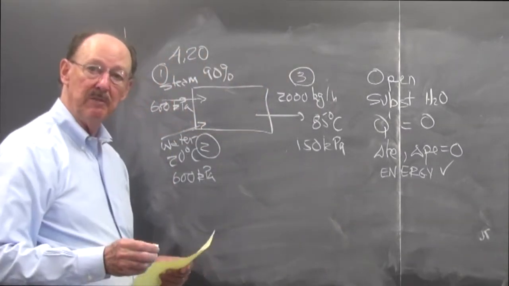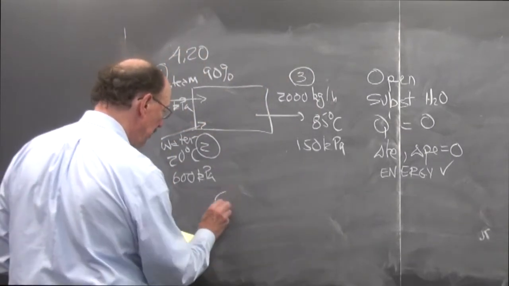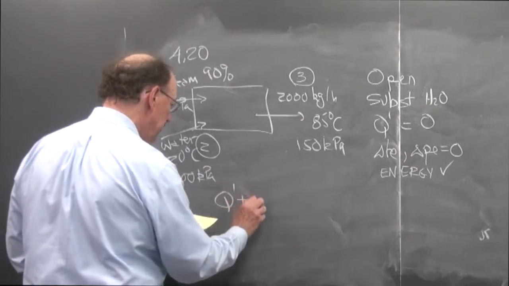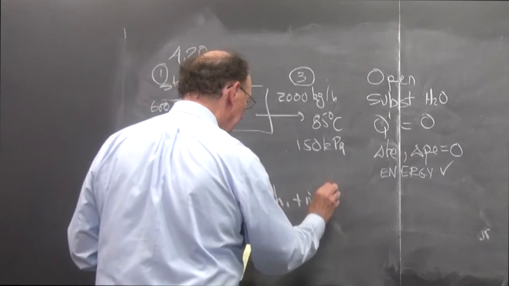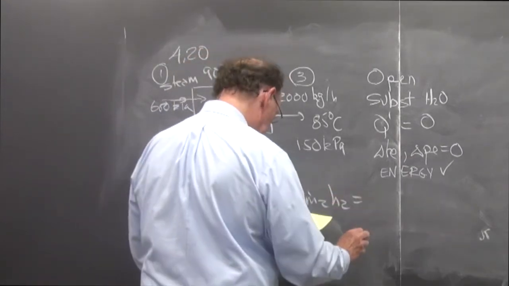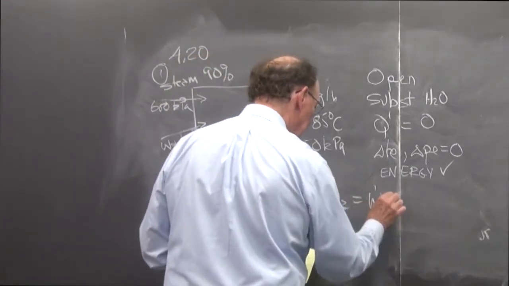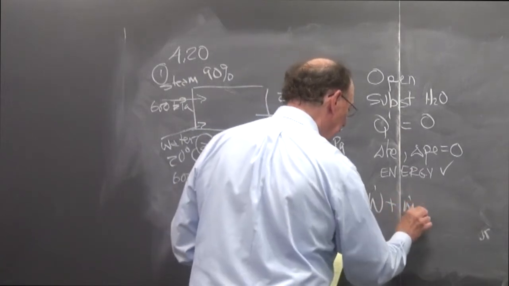So you refer to the first law equation that we had in chapter 3. So I have Q dot plus m dot 1 h1 plus m dot 2 h2 is equal to W dot plus m dot 3 h3.